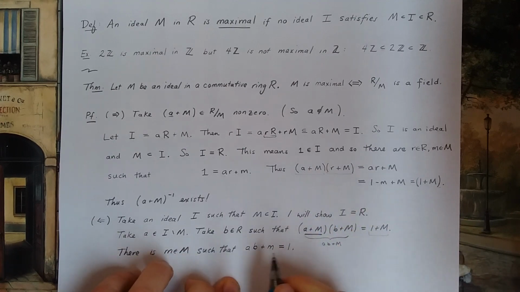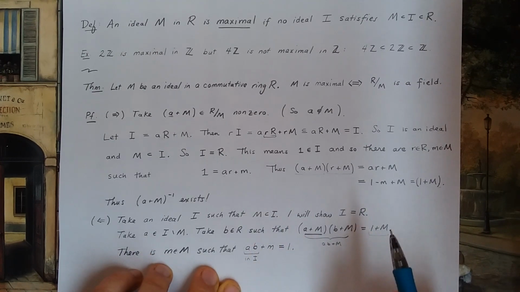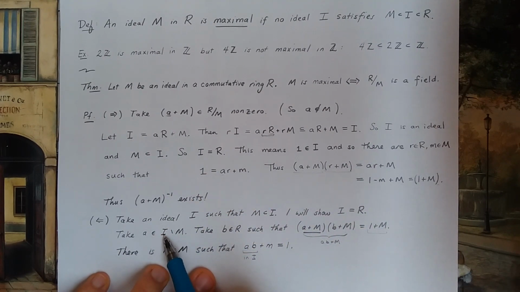Now, a times b, that's in my ideal I. Why? a is in I. And part of the definition of an ideal is whenever you take something in the ideal and multiply by anything else, you always land back in the ideal.